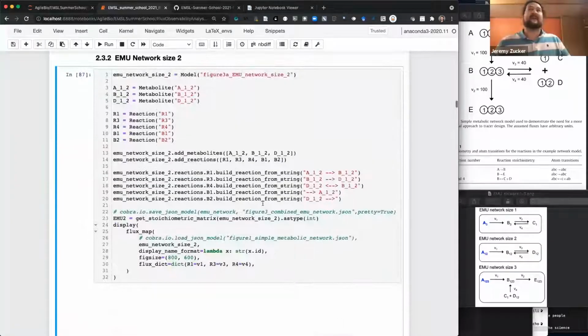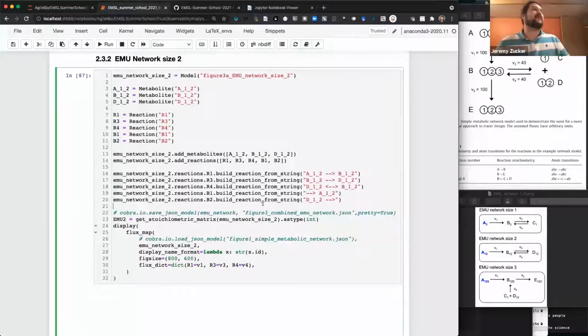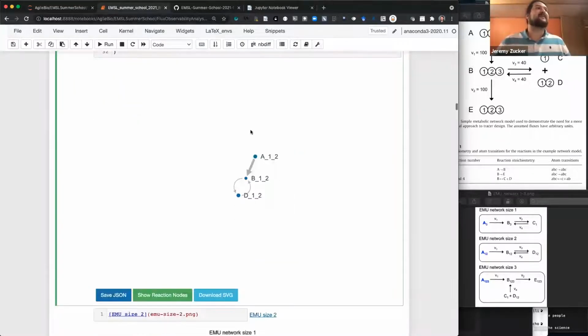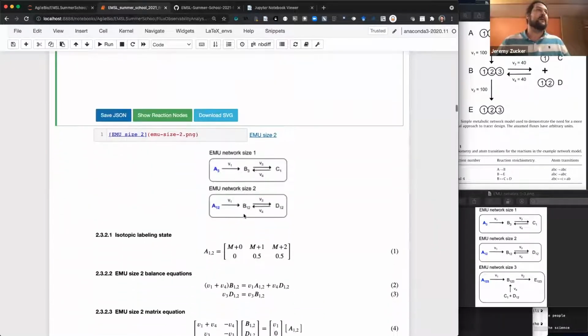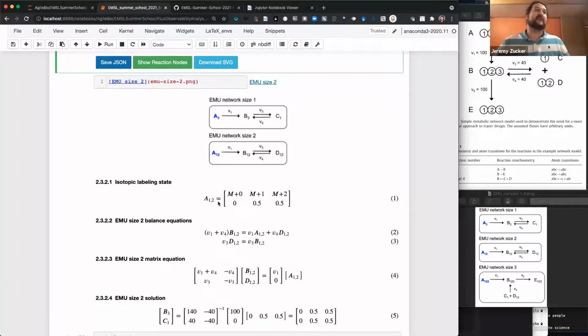Okay. So now let's go on to network size 2. Notice it's the same structure, but now we have different EMUs. These are EMUs of size 2, but it's the exact same structure, so the calculation will be exactly the same.